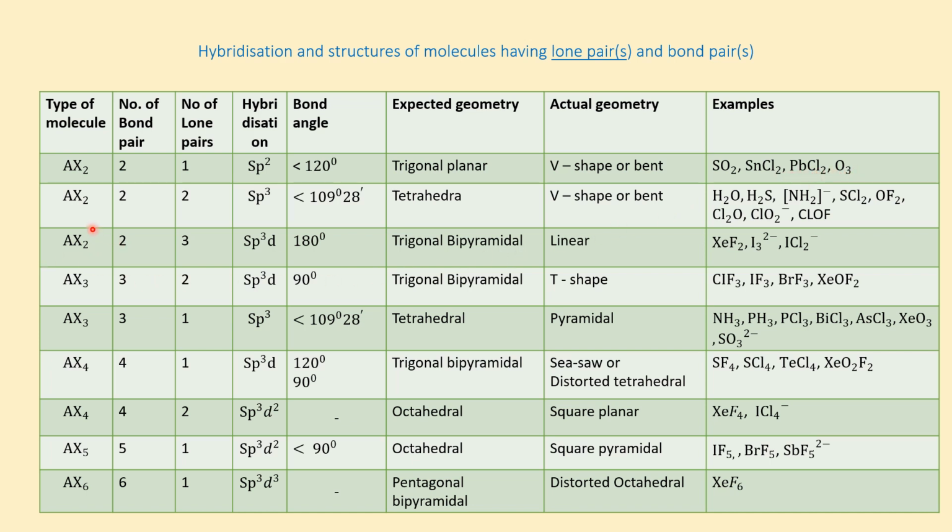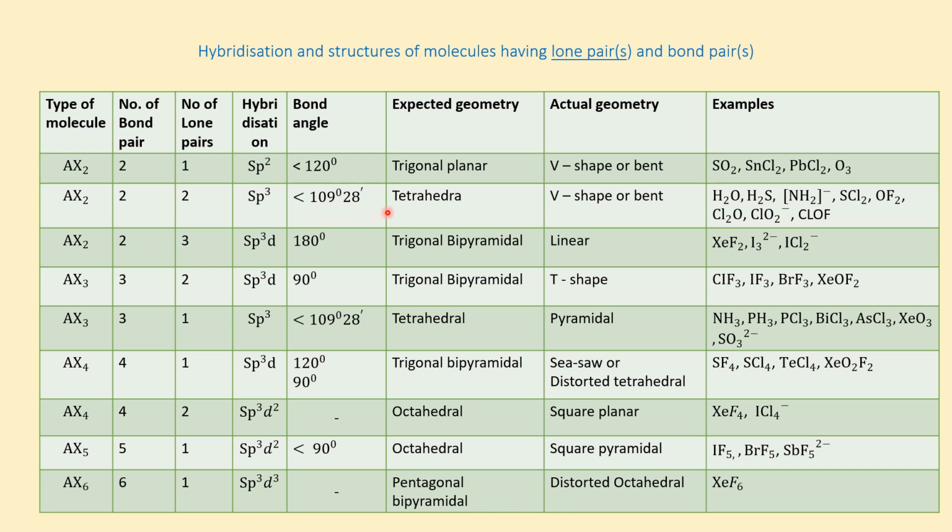The next case is if the type of molecule is AX2, where the number of bond pairs is 2, the number of lone pairs is 2, and hybridization type is sp3 and bond angle is 109 degrees 28 minutes.